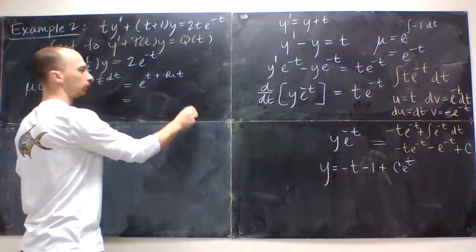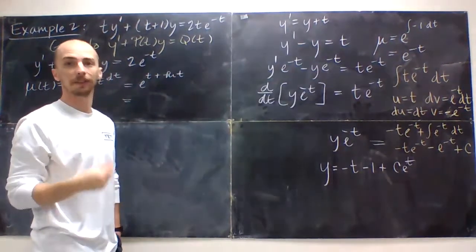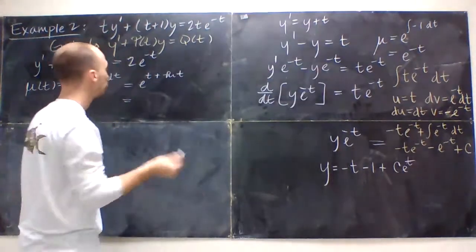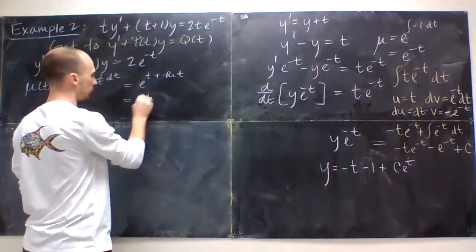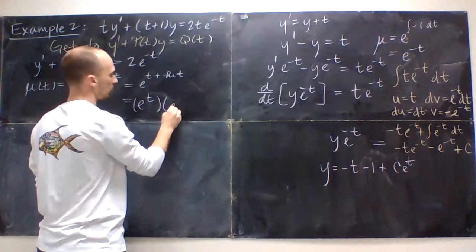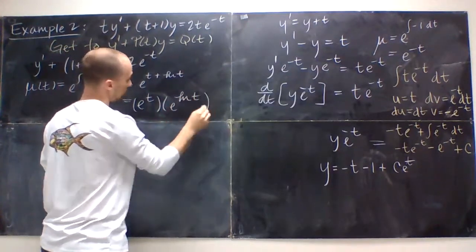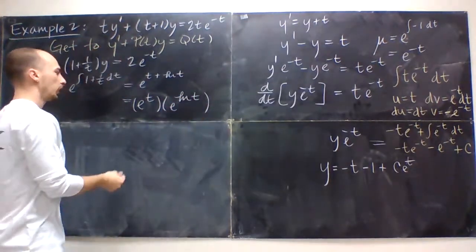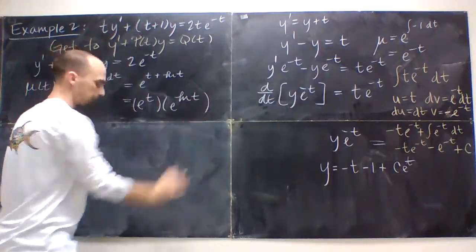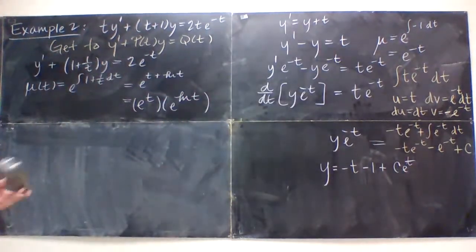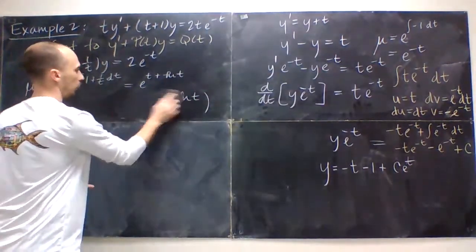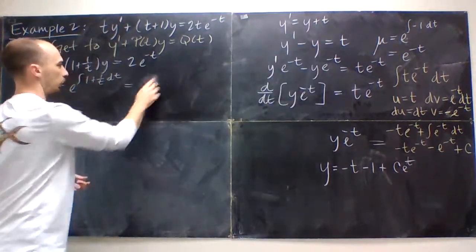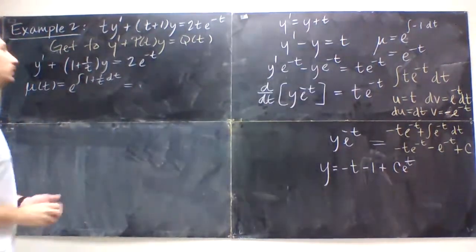Remember, x to the a times x to the b is x to the a plus b. So this is e to the t times e to the log t. We know what e to the log t is, that's just t. So this is t e to the t.